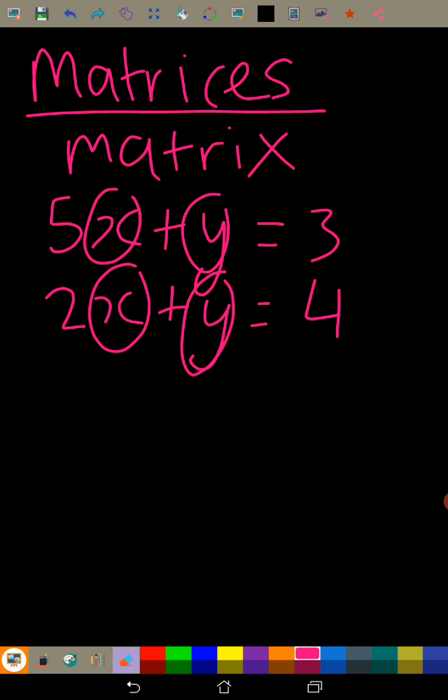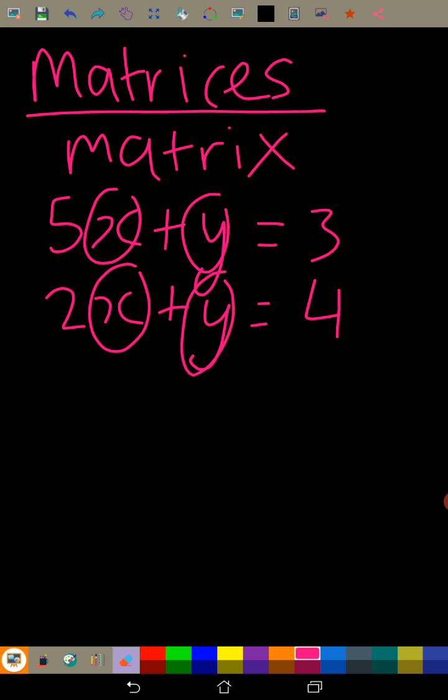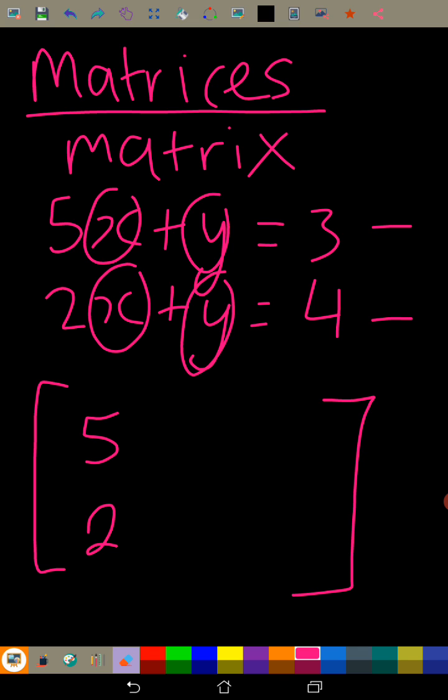So we use what we call matrices. So what is a matrix? We have our two equations. We can rewrite them in a matrix. So we'll write 5, 2, 1, 1, 3, 4.